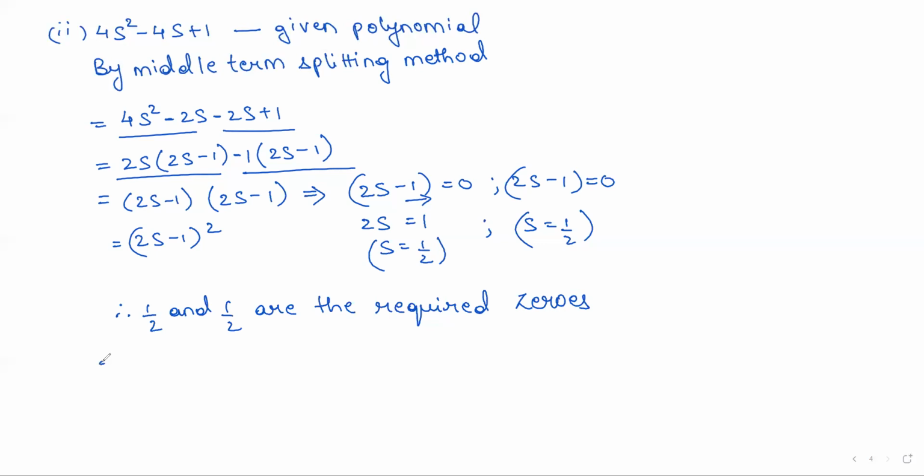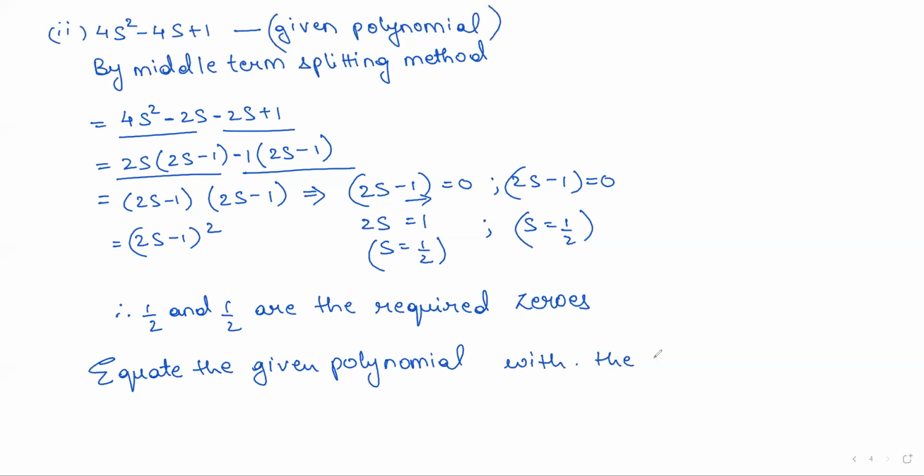For this, we'll have to equate the given polynomial with the general form, which is a s square. Now, the variable used here is s, so we'll write the general form in s variable form: a s square plus b s plus c.